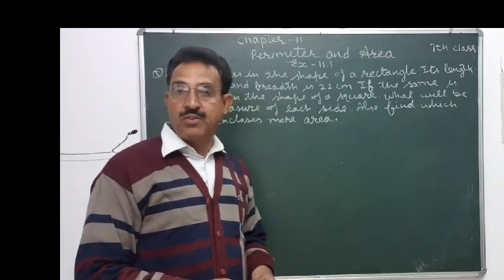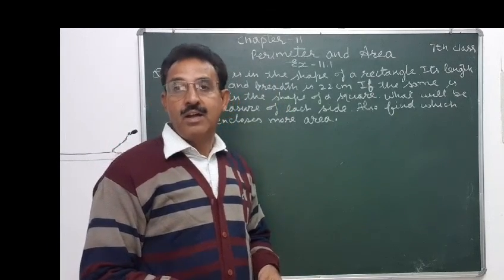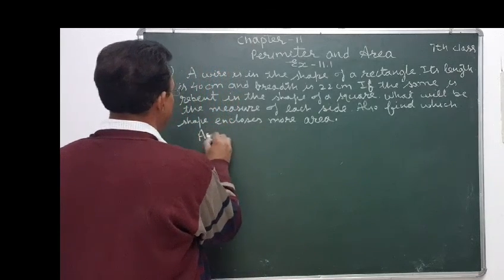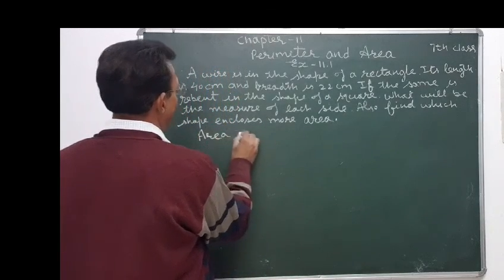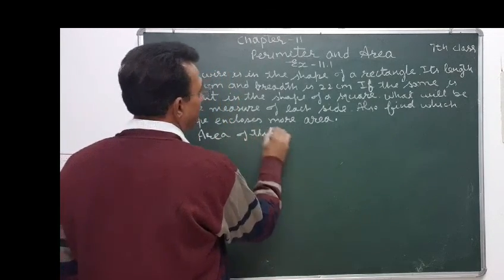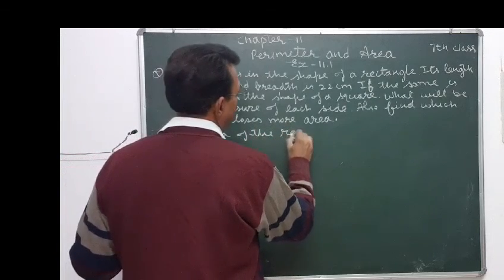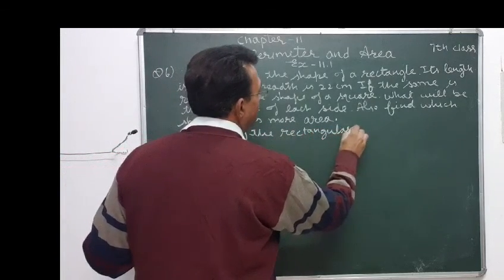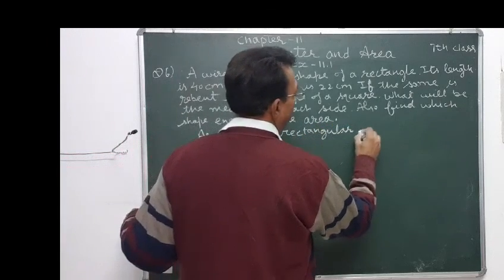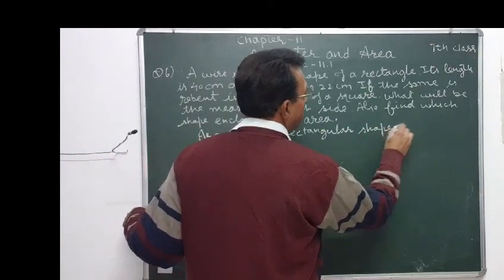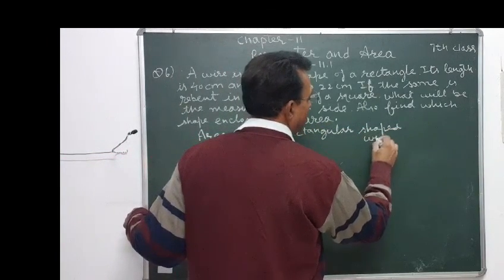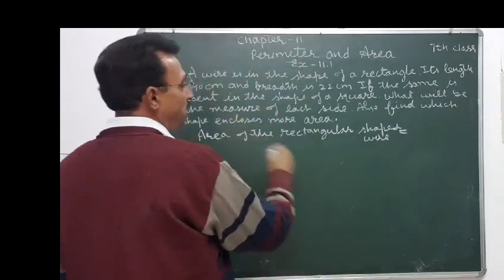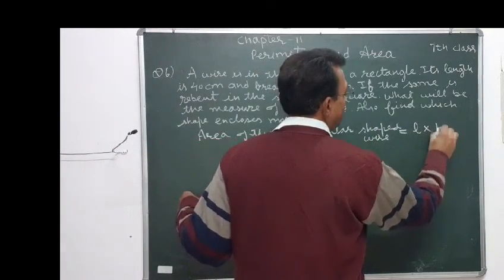So first of all, we have to find out the area of the rectangle. So area of the rectangular shaped wire is equal to length into breadth.